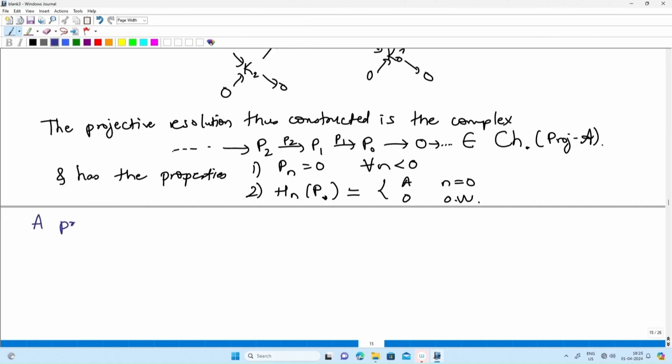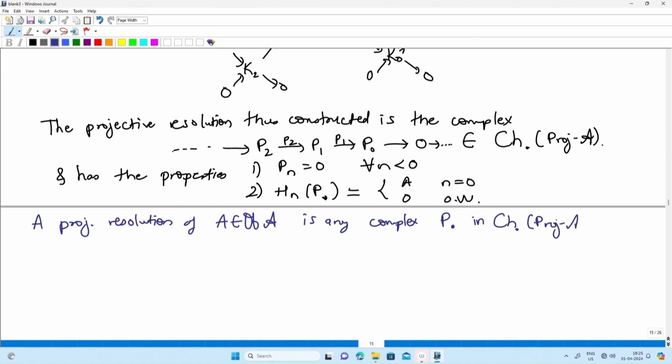A projective resolution of A is any complex P dot in CH dot of proj A satisfying 1 and 2 above.